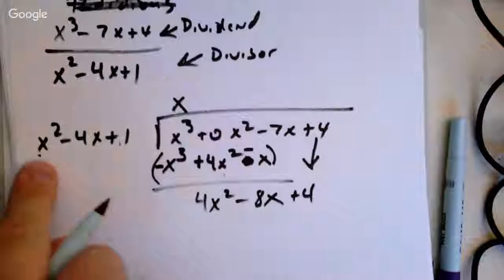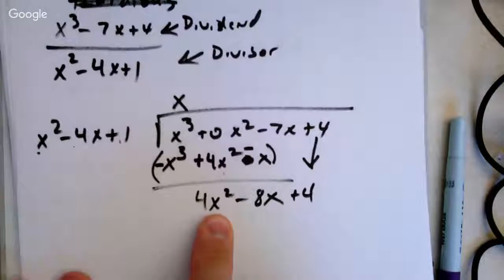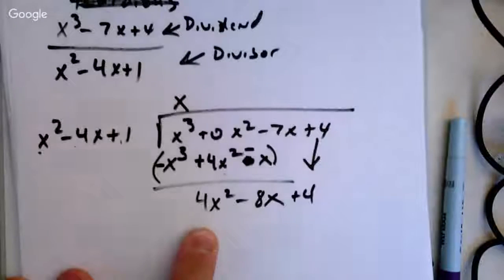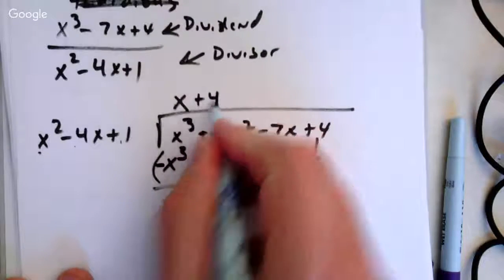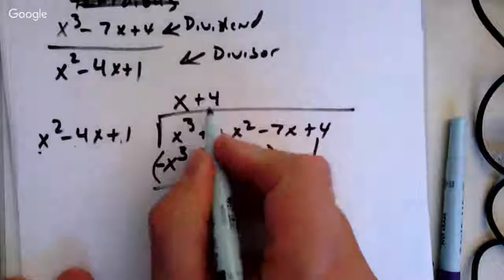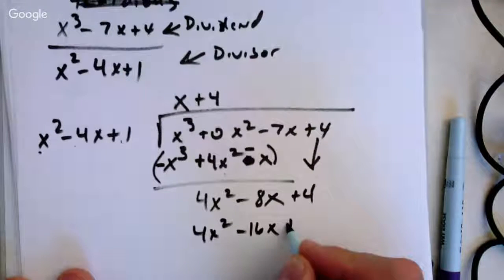All right. What's the leading term here? 4x squared. So what do I have to multiply x squared by to get 4x squared? Yep. Then again, I kind of FOIL it out to all those terms. I get 4x squared minus 16x plus 4.